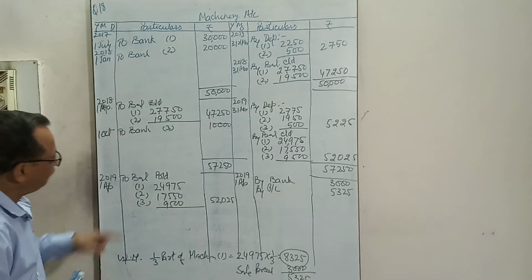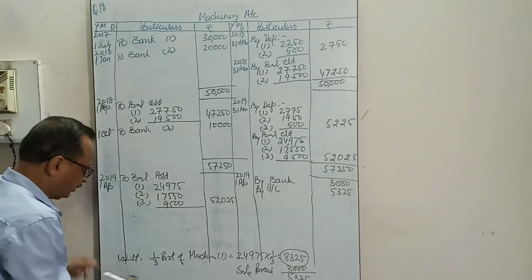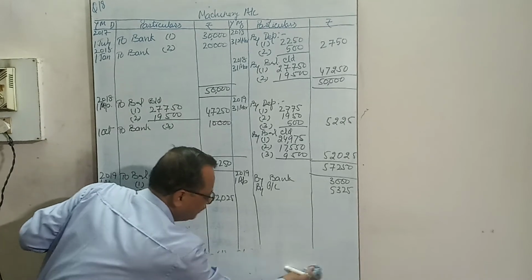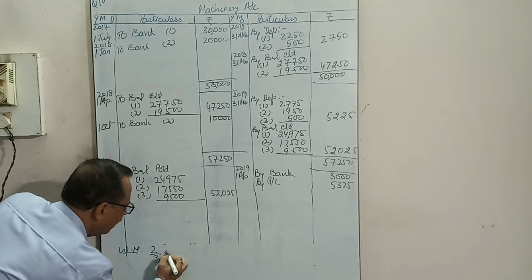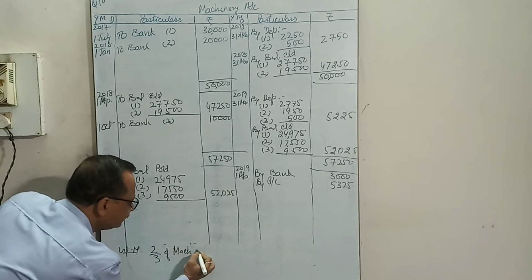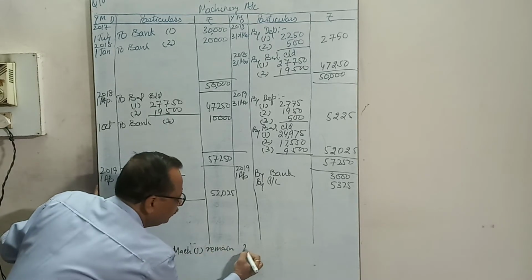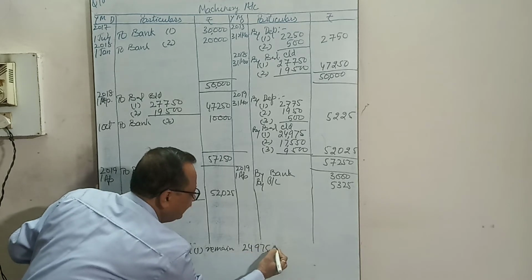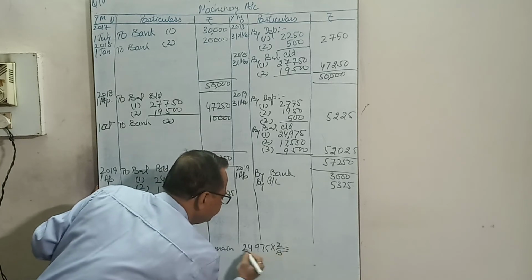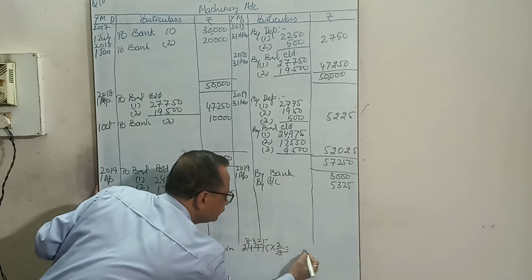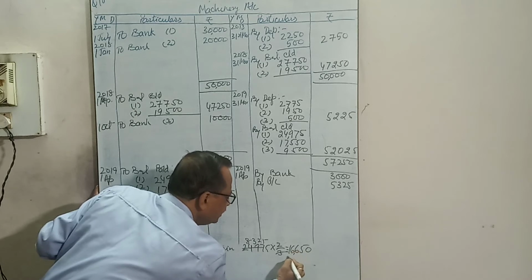Okay. Now the 1/3 part of this machinery has been sold. Now how much balance is remaining? That is the 2/3 part. 2/3 part of the machinery remained in hand. 2/3 of machine number 1 remains, that is 24,975 into 2 by 3, 16,650.